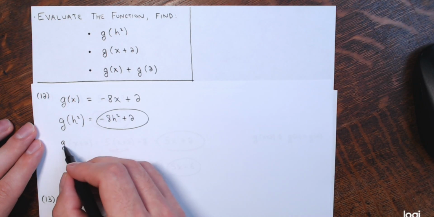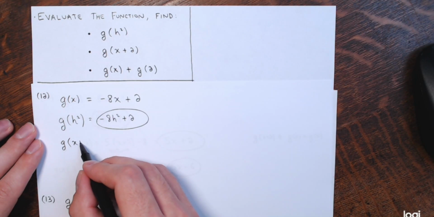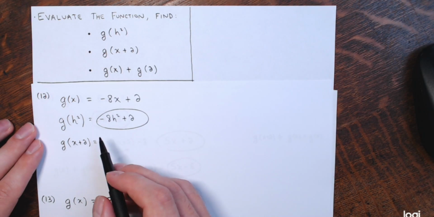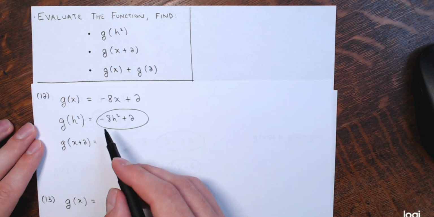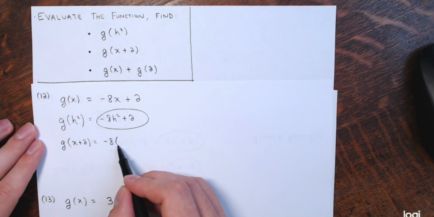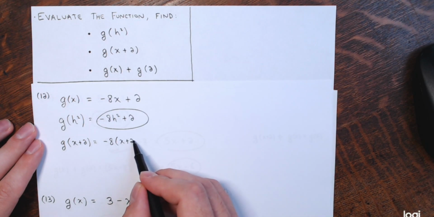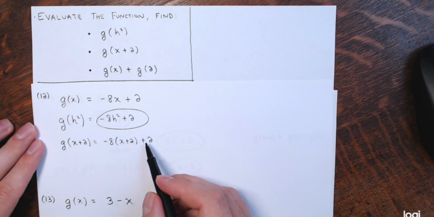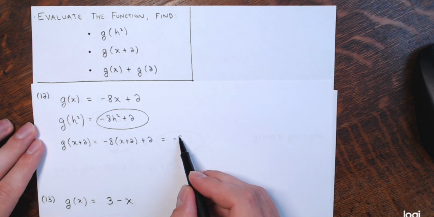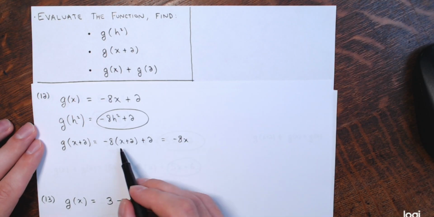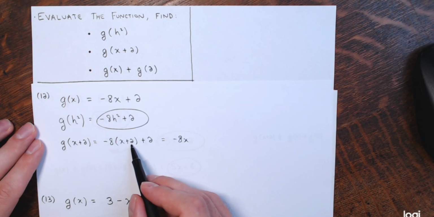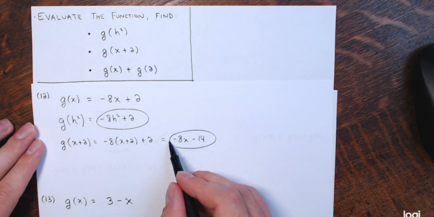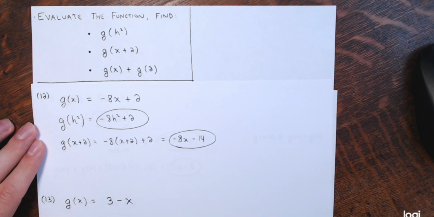The value of g at x plus 2: replace x with the quantity x plus 2, so we have negative 8 times x plus 2, and then plus 2 again. Right. So this would be negative 8x, and then you have minus 16 plus 2, which would be minus 14. And that's as simple as that gets.